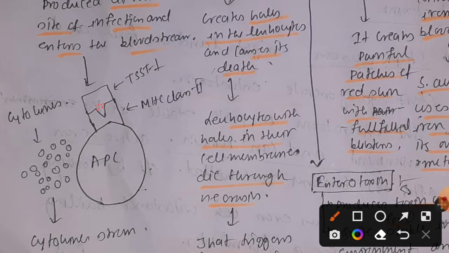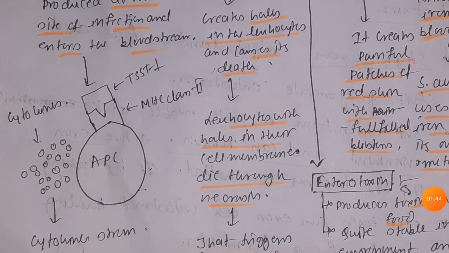As a result, the rest of the immune cells will recognize it and can show their action to destroy it. So that is the idea of an antigen presenting cell.